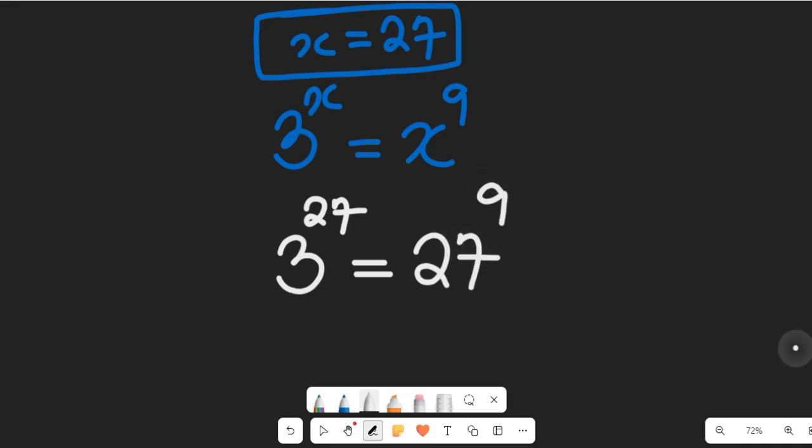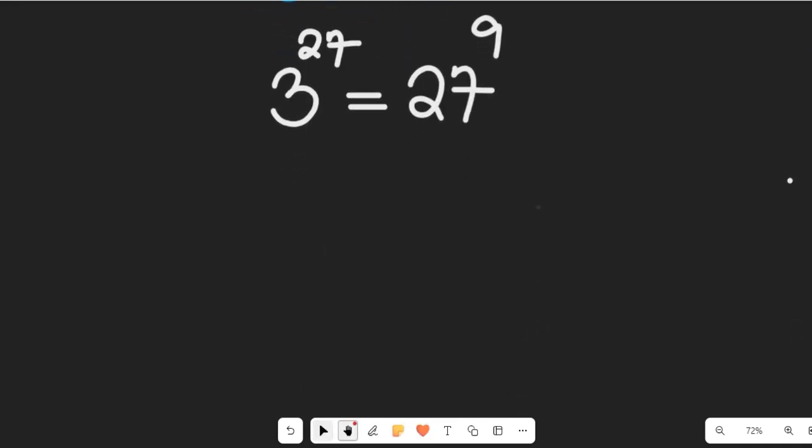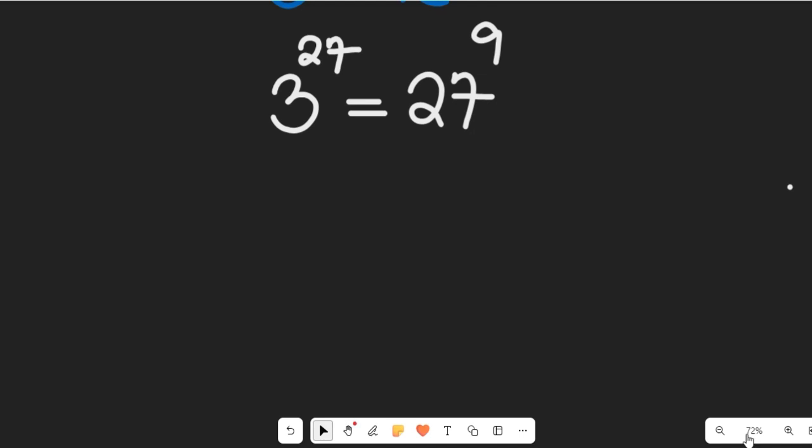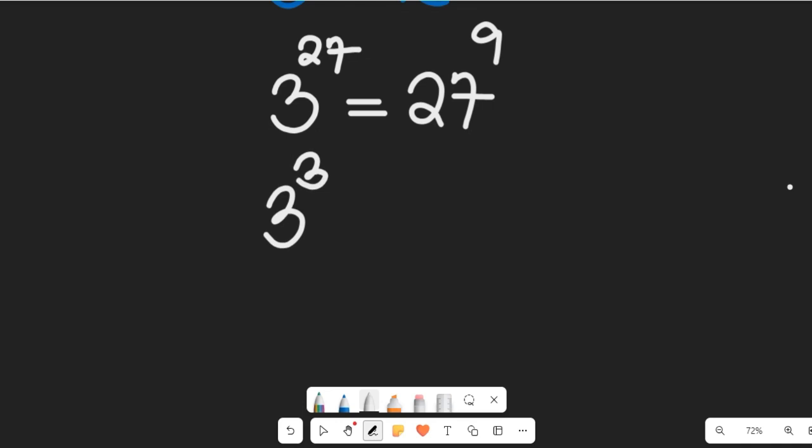Now can this expression really give me the same value on the left hand side and the right hand side? Of course it can. So I will do it in a two-way thing. Now I will check this expression to become 3 to the power of 3 multiplying 9, right? And this will be equal to 27 to the power of 9, right?